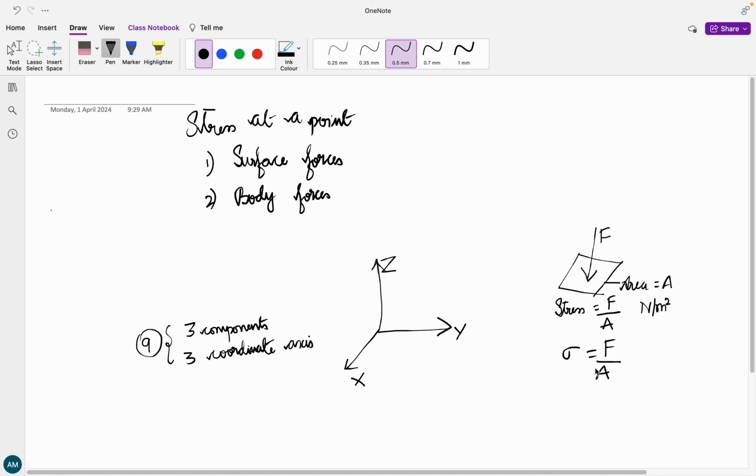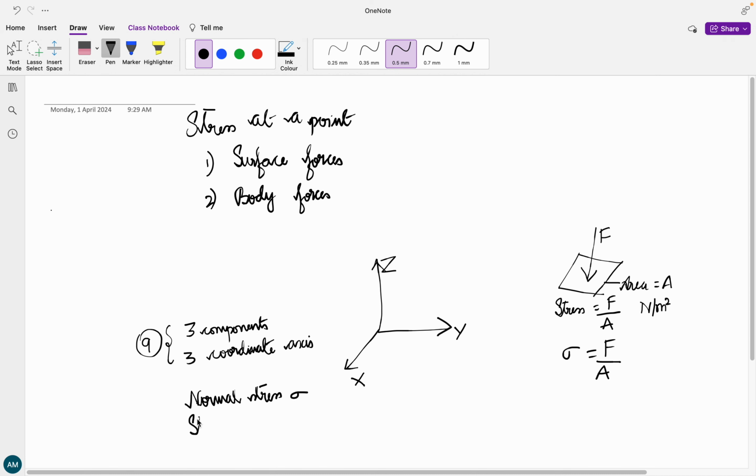So sigma is equal to force by area. We have 3 axes, x, y, z. So in stress, we are going to have normal stress, denoted by sigma, and this normal stress acts on every single plane, that is on the x-axis, y-axis and z-axis.